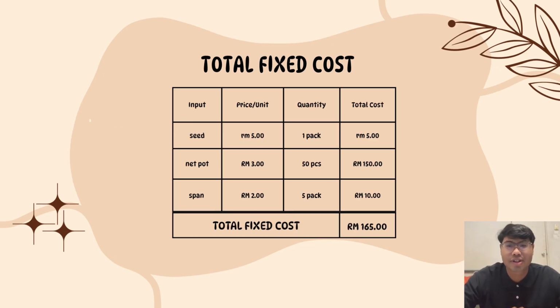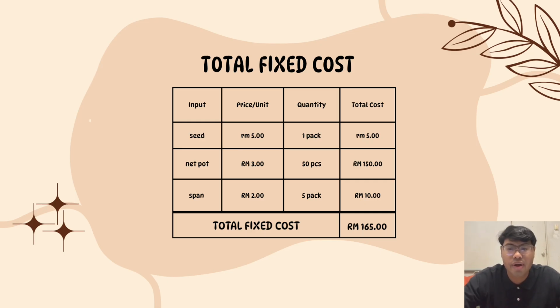This slide shows total fixed cost. In total fixed cost, we have input, price per unit, quantity and total cost. In input, we have seed, net pot and also spine. For seed, the price per unit is 5 ringgit. The quantity we use is 1 pack and the total cost is 5 ringgit.